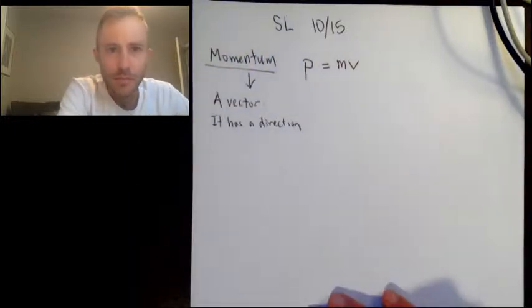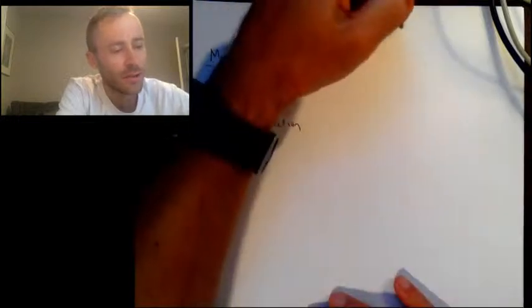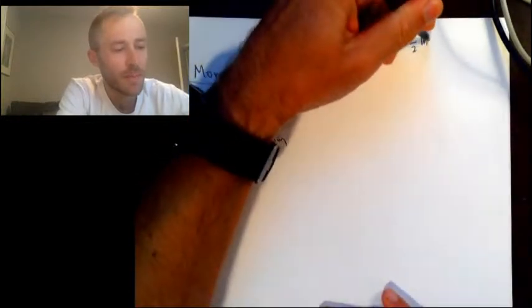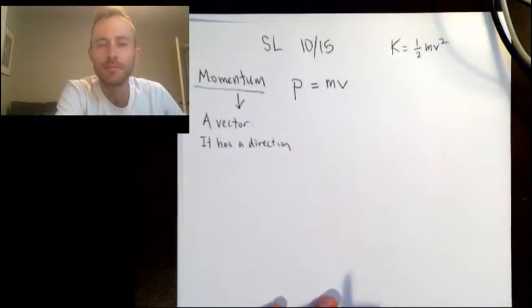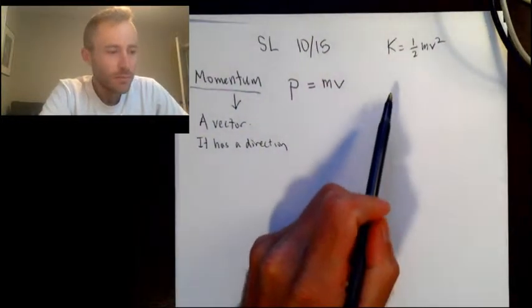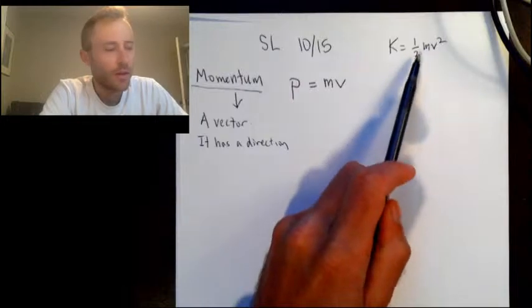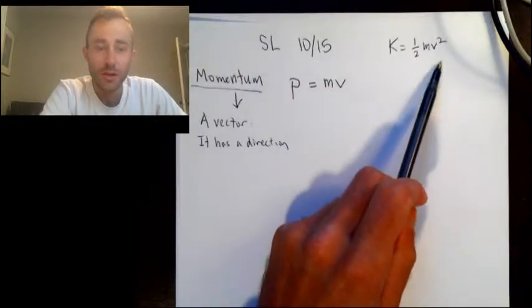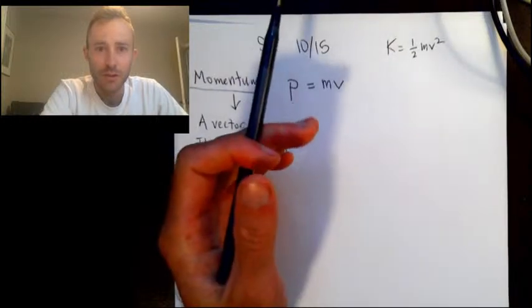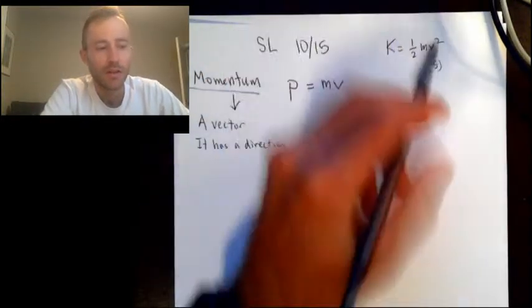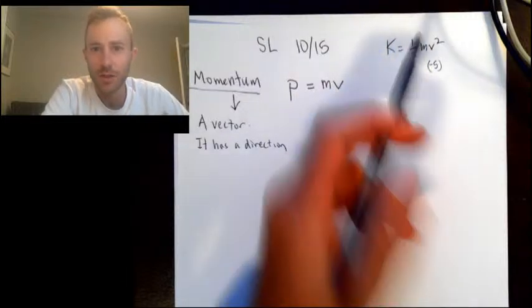You might remember kinetic energy is 1/2 mv squared. So if you have a negative velocity, for example -5, that negative gets squared and becomes a positive.